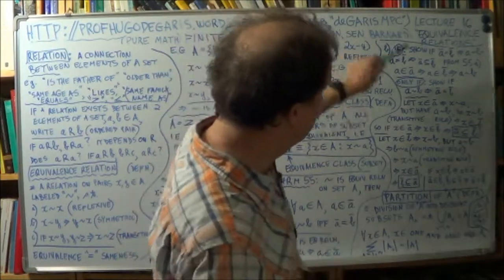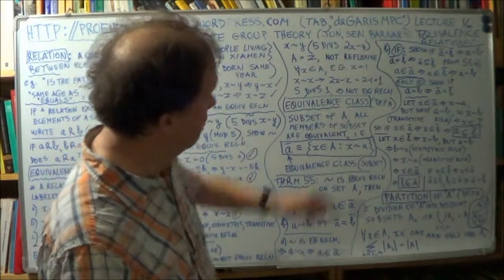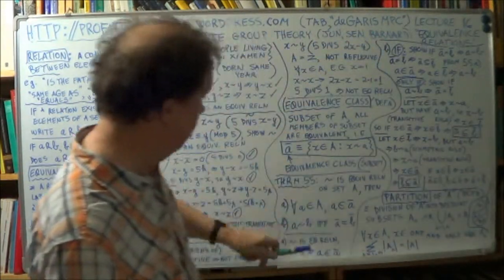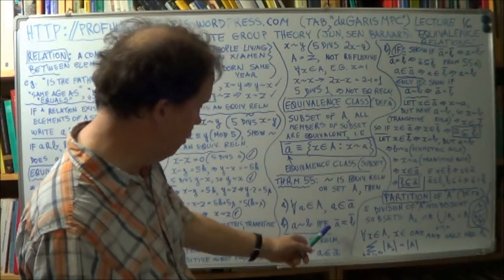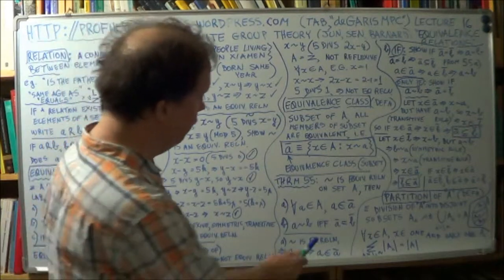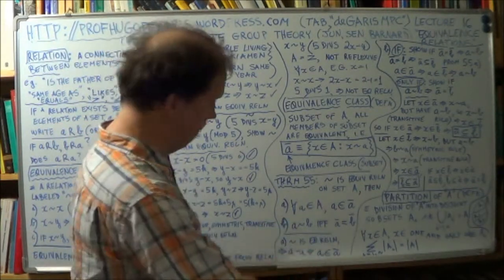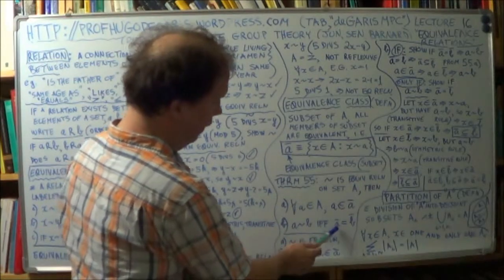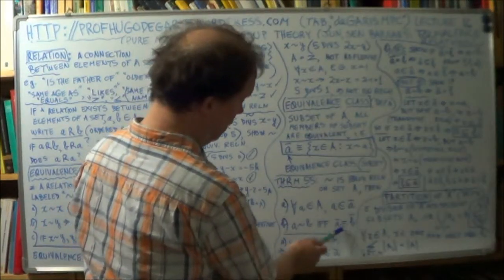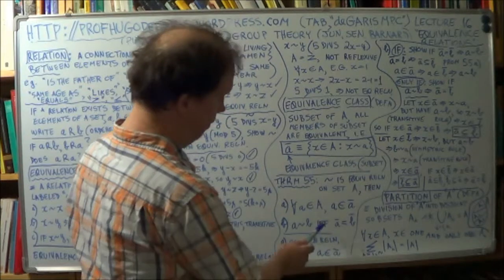All right. Now it gets a bit harder. So it's an if and only if proof. It's a two-part proof. So as usual, we'll start with the if part, strong convention in pure math. So A tilde B if these two equivalence classes are the same.